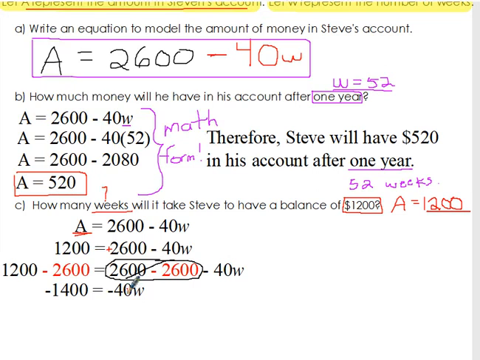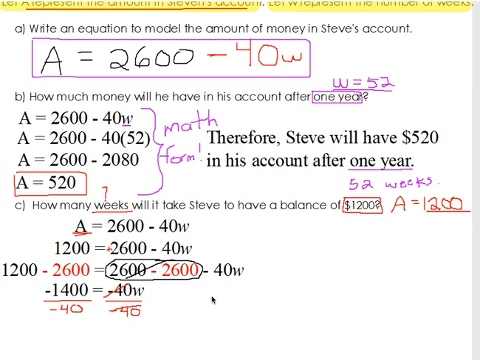Now, in order to get rid of this multiplying negative 40, we're going to divide by negative 40. And whatever we do to one side, we have to do to the other. The negative 40 cancels with the negative 40.